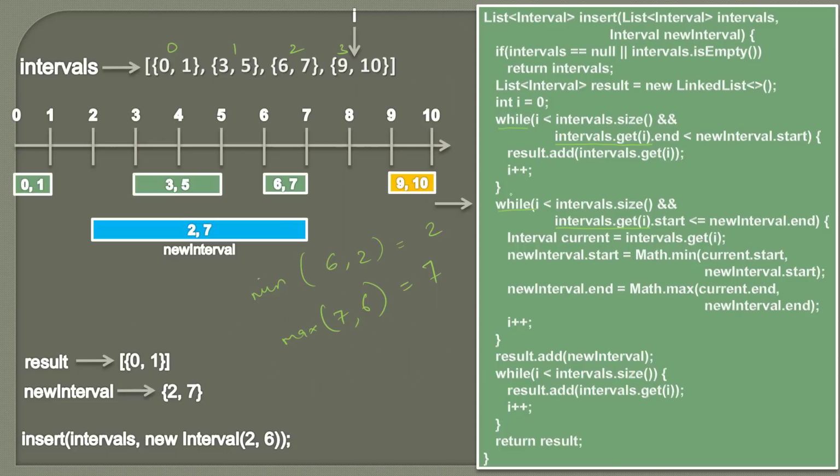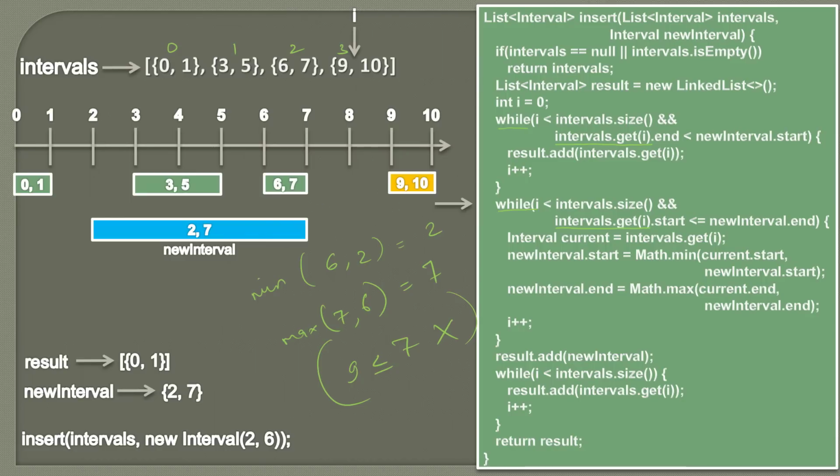And here you can see this 9, 10 is actually belonging to the third region. So its start, if we compare it with newInterval.end, so 9 is less than or equal to newInterval.end, which is 7, this condition comes out to be false. It means 9, 10 is the remaining element and it doesn't overlap with 2, 7.